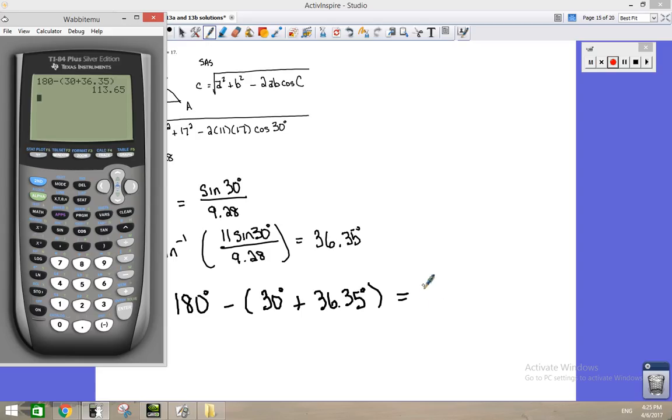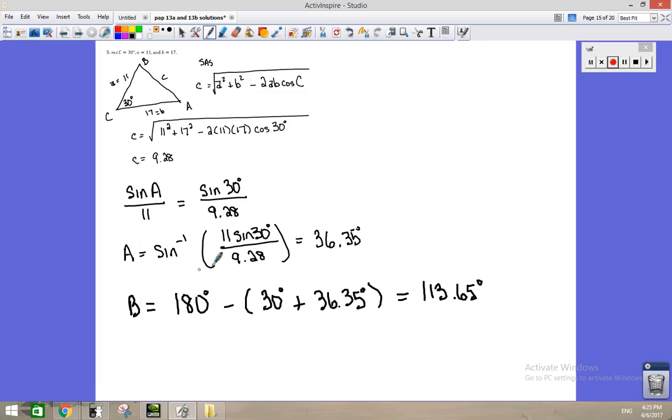So, hey, this is an obtuse angle, so I was smart in avoiding finding the measure of angle B using the law of sines, because it would not have given me 113.65. It would have given me the supplement of this, 180 minus that angle. So, hey, we got pretty lucky.